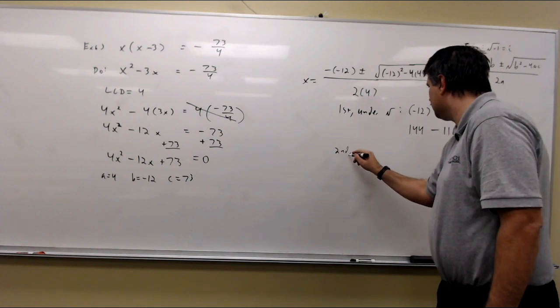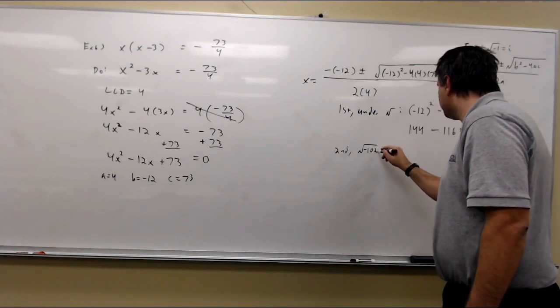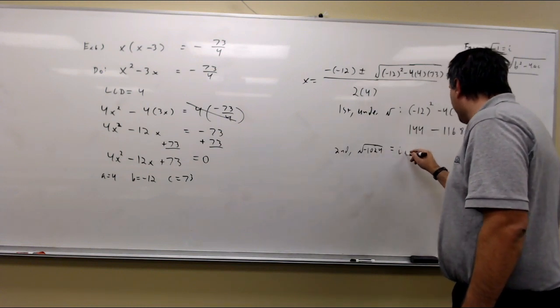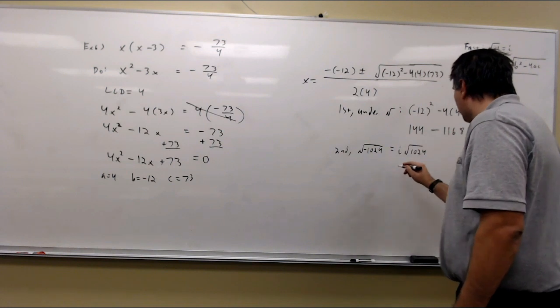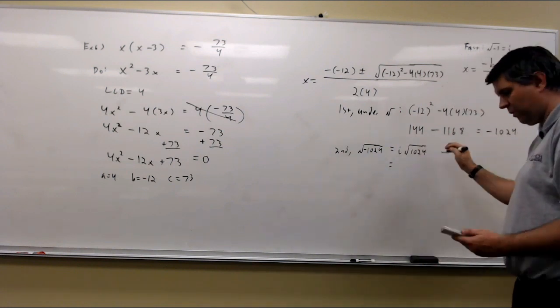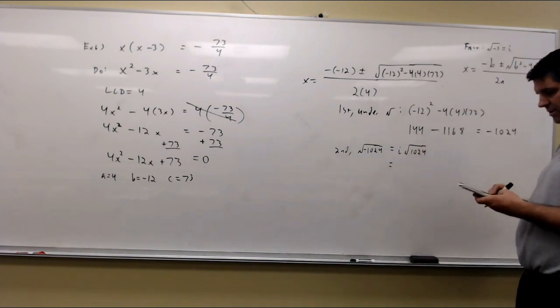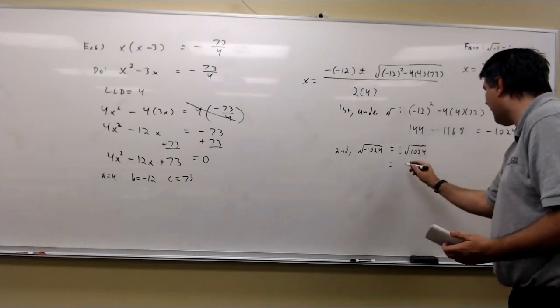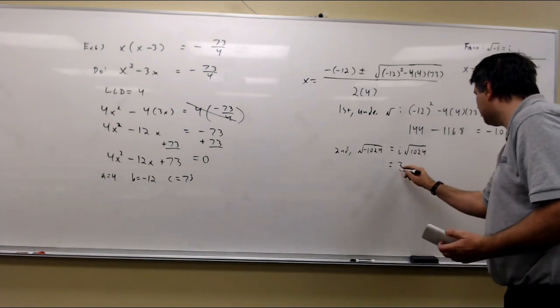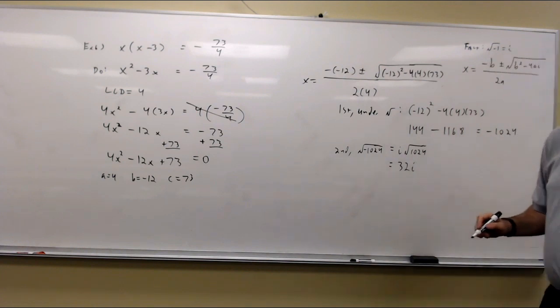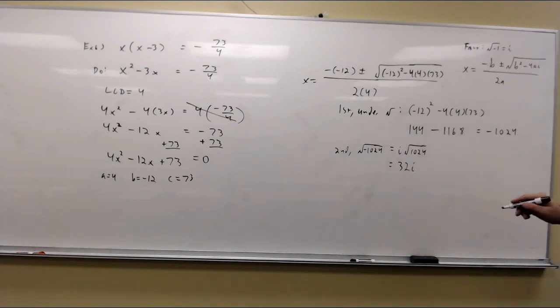Second, square root of negative 1,024 is i square root of 1,024. And the square root of 1,024 is 32i. 32 times i. Okay? You can have situations like that. They happen.